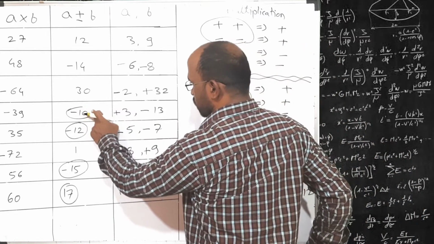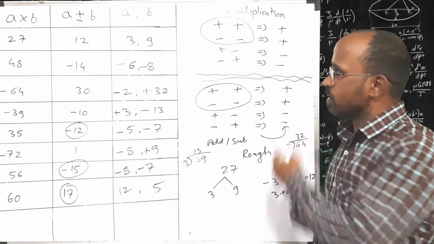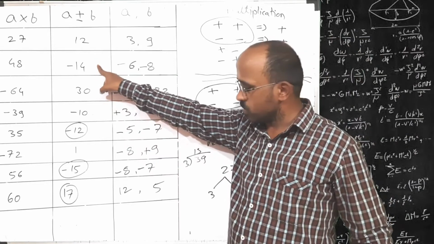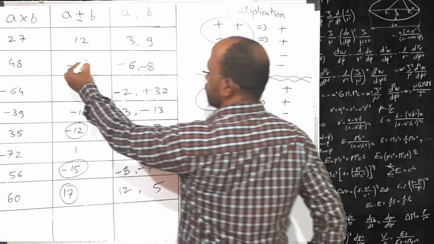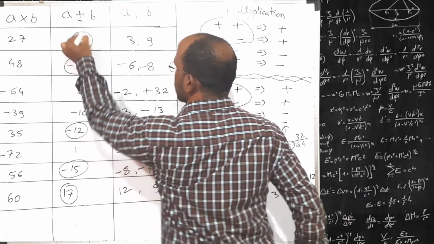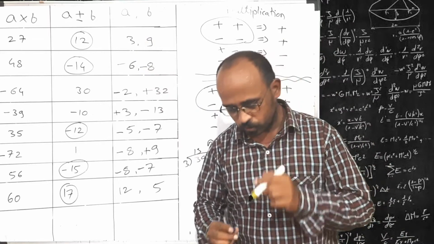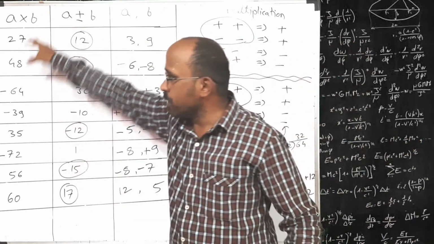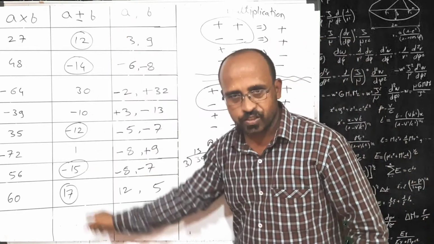Here we are not doing addition. Here we are doing addition, and the symbol of the middle number is negative, so both are negative. Here we are doing addition, and the symbol of the middle number is positive, so both factors are positive. Means if multiplication is positive, we have to look for the addition.